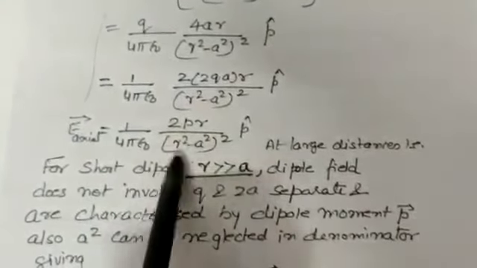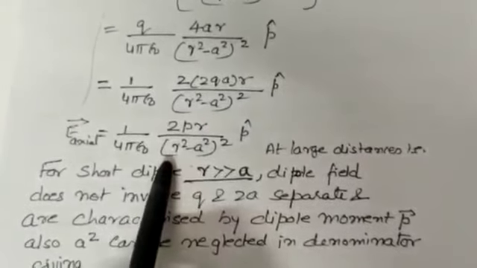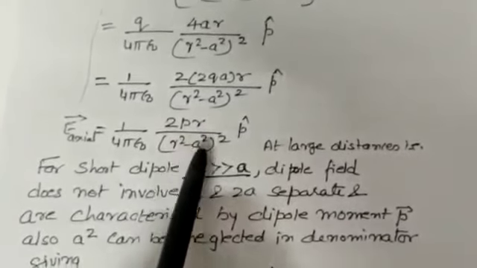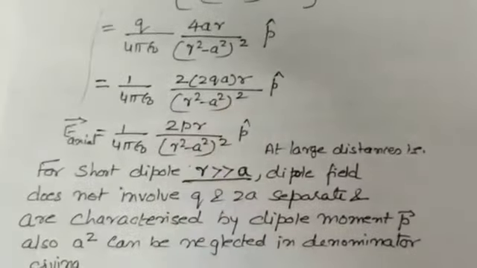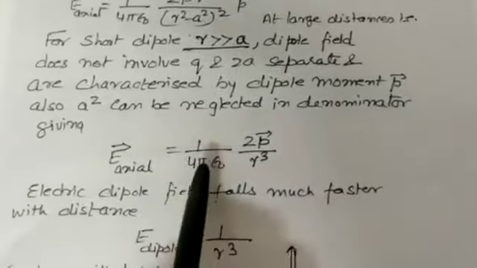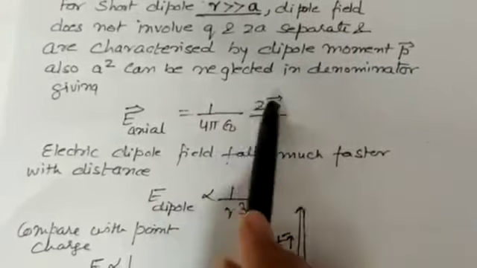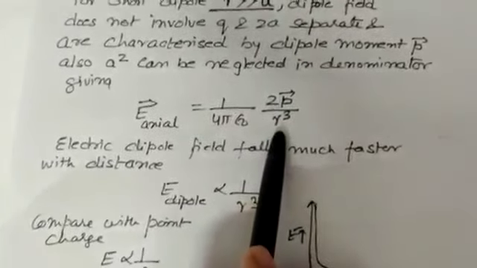Also, in the denominator, you will now neglect a square with respect to r square, and you'll be left with r to the power 4. One r would cancel, and finally the E axial for large distances would come out to be 1 by 4 pi epsilon naught, 2p vector by r cube.